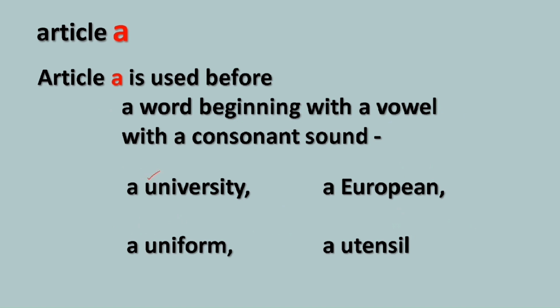The word starts with a vowel letter, that is U, but the pronunciation starts with a consonant sound, that is ya, university. Similarly, European starts with E, but the sound is ya, a consonant sound. Similar cases are uniform and utensil.